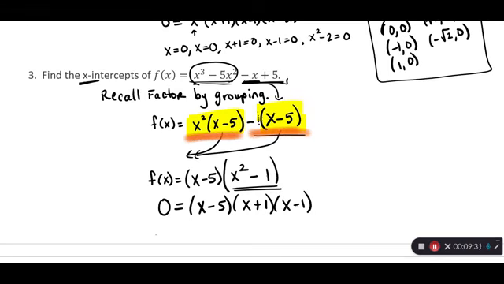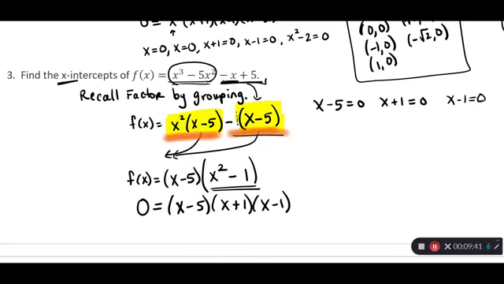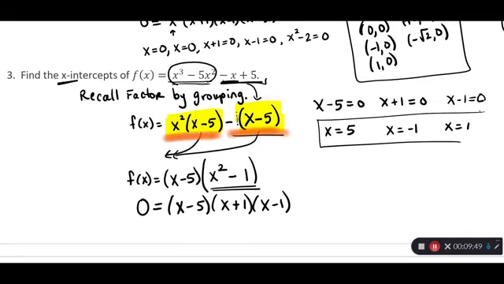Set each quantity equal to 0. x minus 5 equals 0, x plus 1 equals 0, x minus 1 equals 0. Add 5. Subtract 1. Add 1. Those are your zeros. As x-intercepts, they're the coordinate points 5, 0, negative 1, 0, and 1, 0.